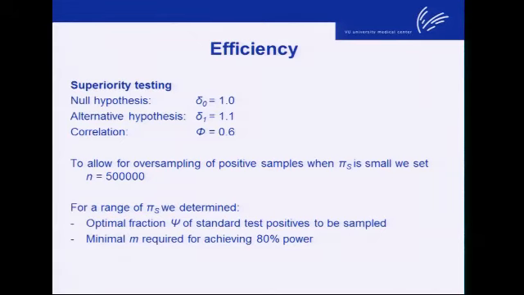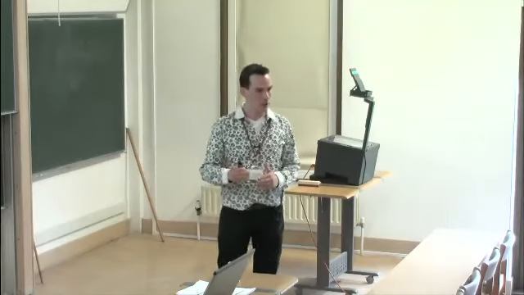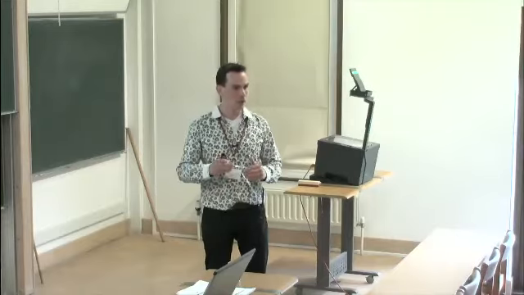I will first present the results for the superiority testing. In the power calculation, we assume that the relative correlation is the same under the null and the alternative hypothesis, because if we just fix delta under the alternative hypothesis, then we do not fix alpha and beta completely.